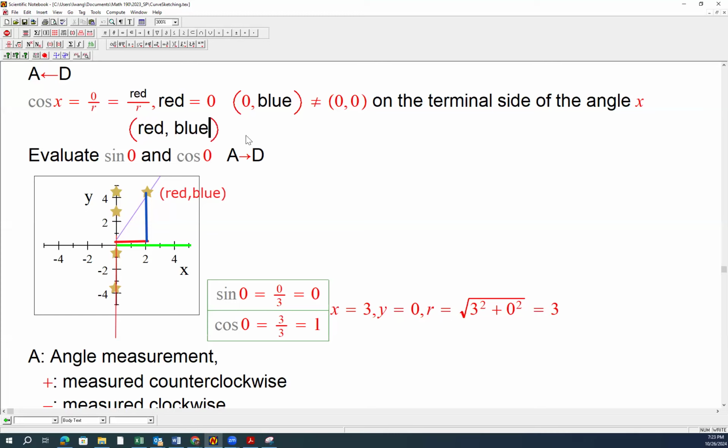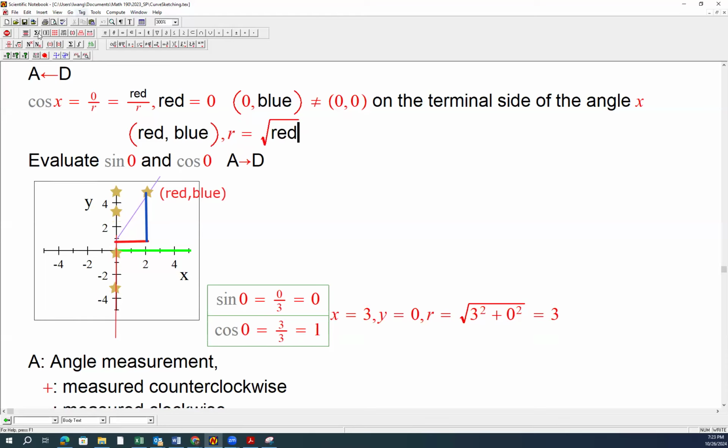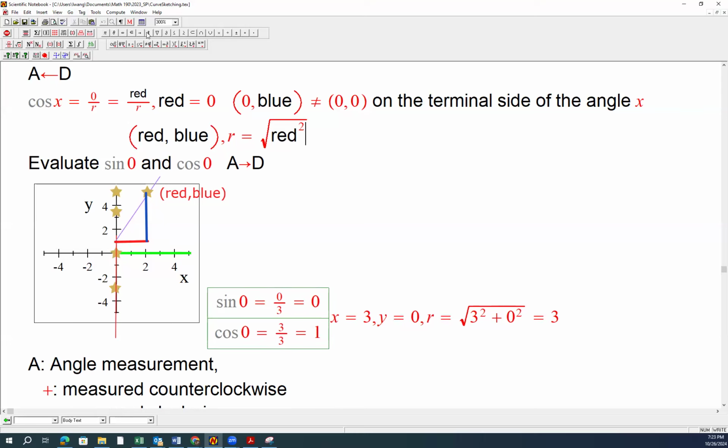And r is equal to the square root of red squared plus blue squared.